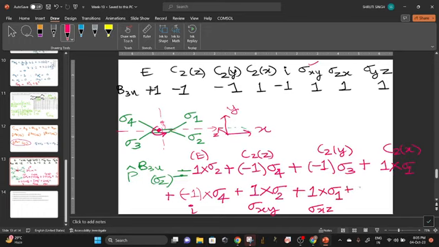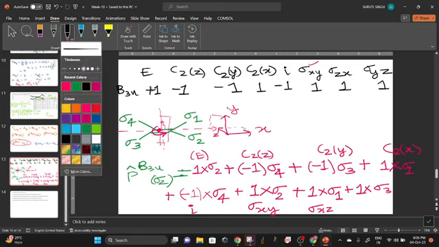Yes, ma'am. Next is again the yz plane. So it will be this plane, a plane like this. So it will be sigma 3. For sigma yz, the character here should be -1.